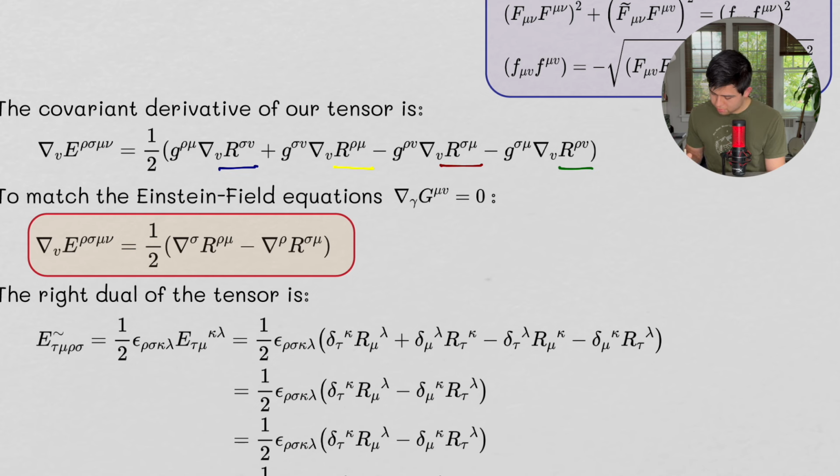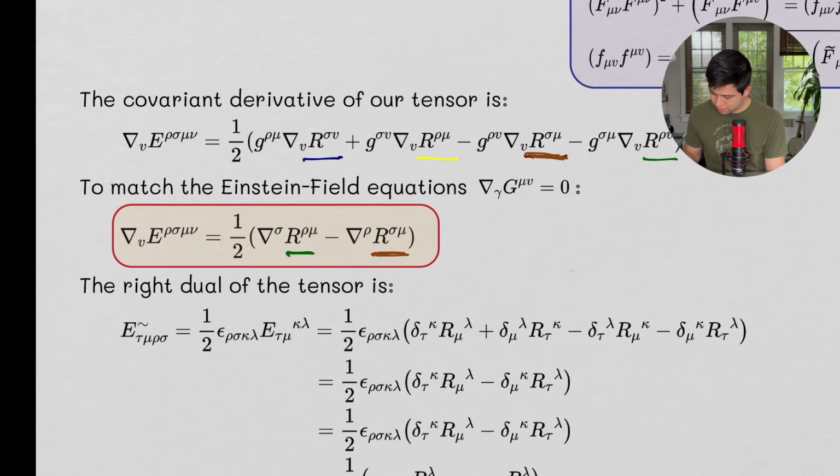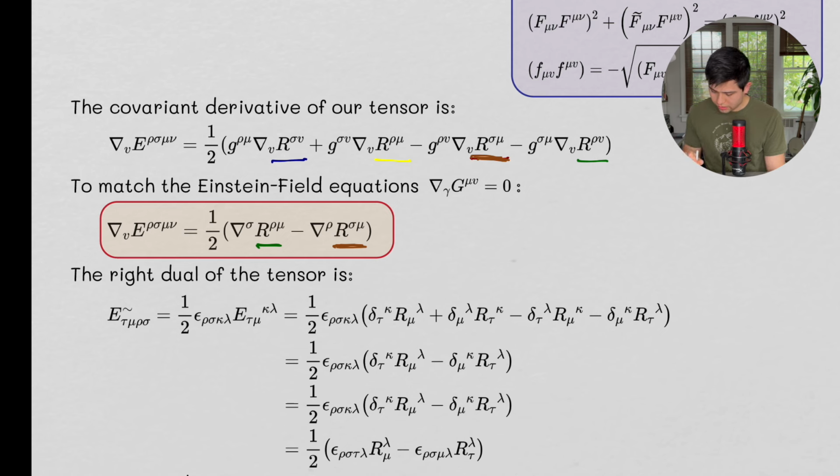So sigma mu down here, that is going to be this color here. And then sigma, or rho nu, is green. All right. So let's see what happened to those two.